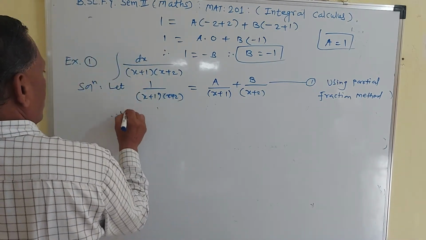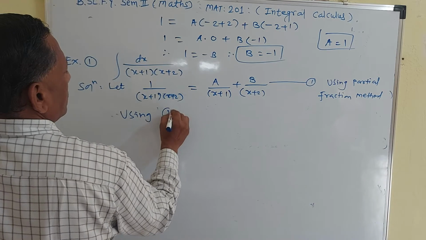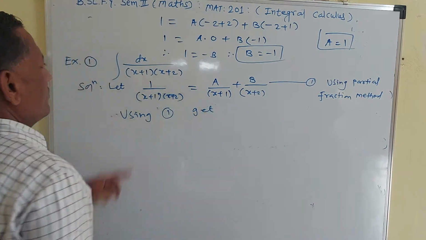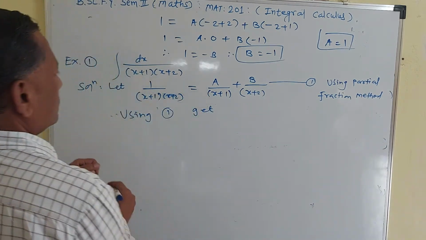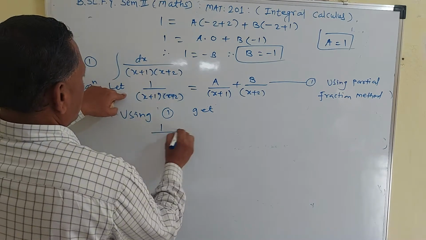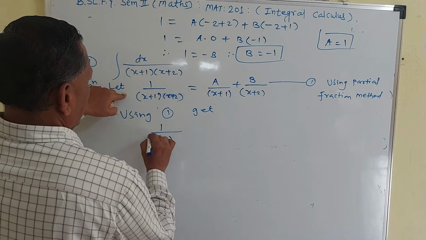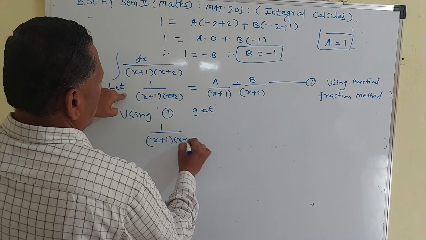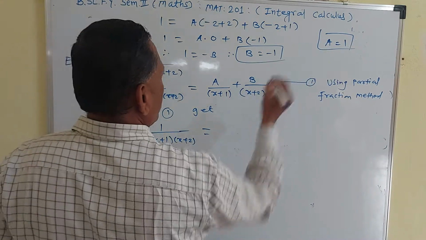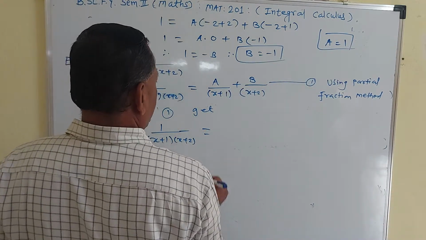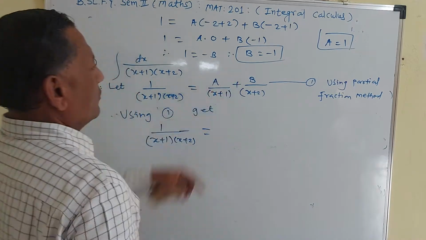Using equation 1 we have, what is your 1? 1 is this, 1 upon x plus 1 into x plus 2 is equal to, you obtain the values of a and b, put them here, or you put values of a and b in 1.